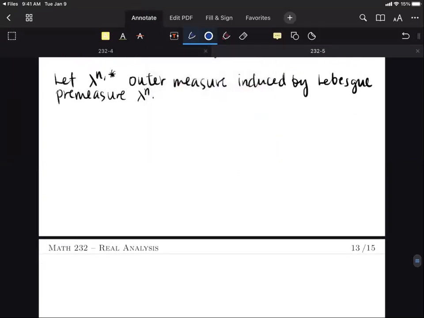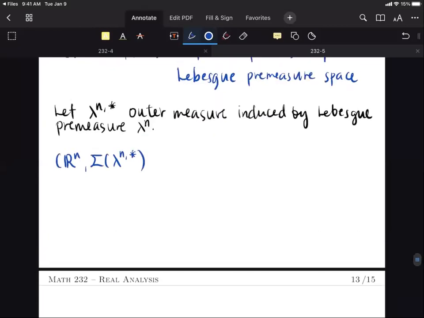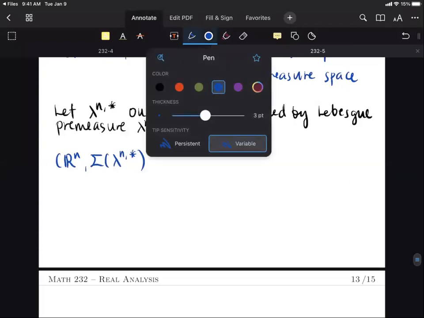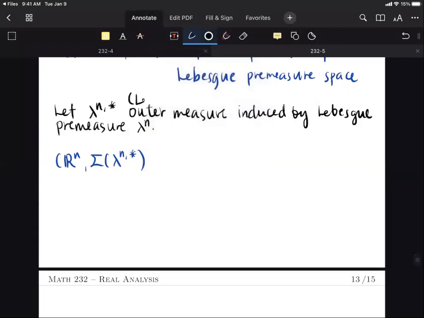And if we apply Caratheodory extension, so we have the Euclidean space Rn. You take all measurable sets with respect to the Lebesgue outer measure. So this will be called the Lebesgue outer measure.